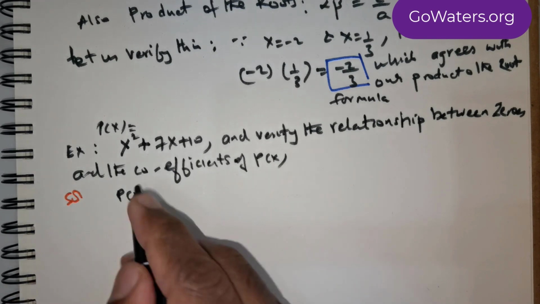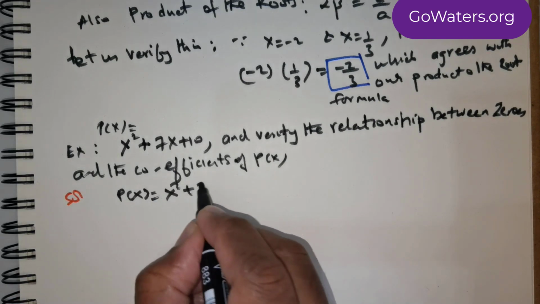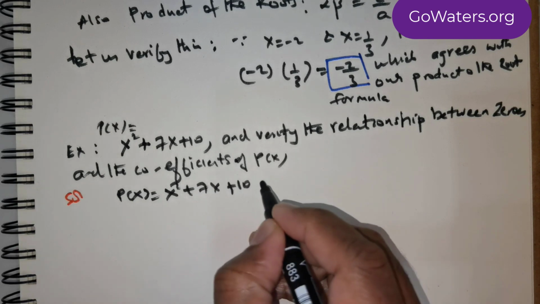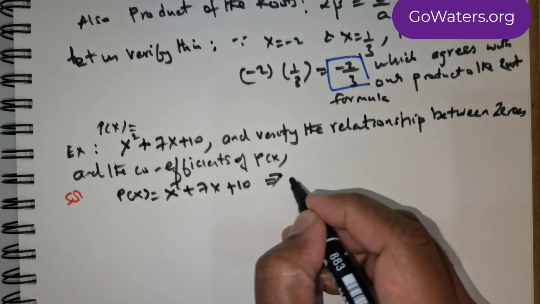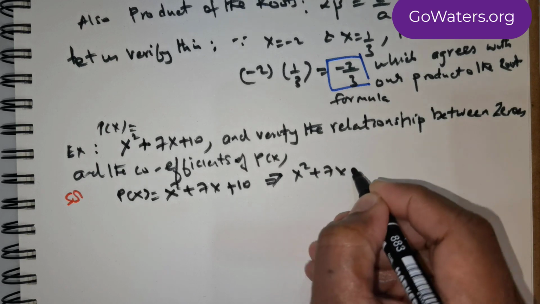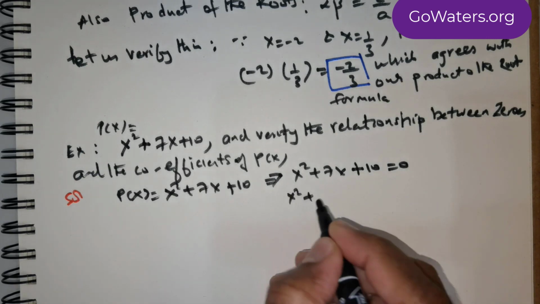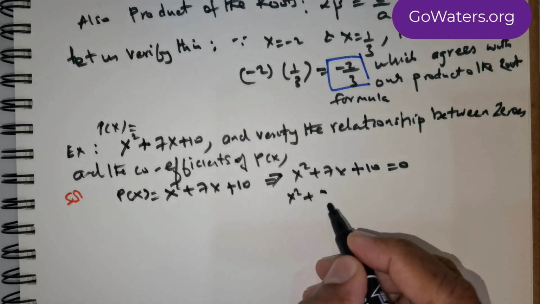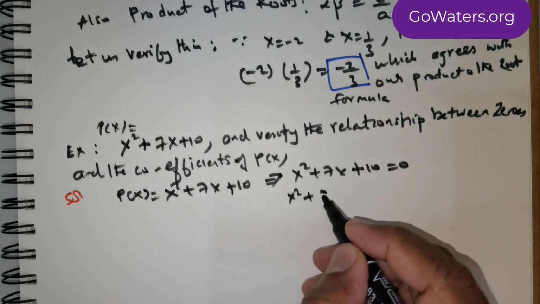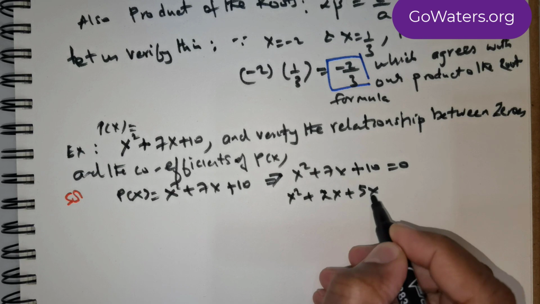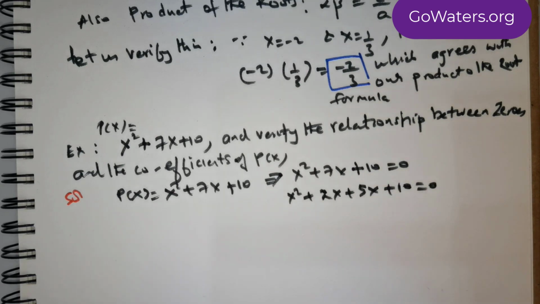Solution, we got p of x is equal to x squared plus 7x plus 10. This means I need to take x squared plus 7x plus 10 is equal to 0. Now what I wish to do, I would like to split this as x squared plus 2x plus 5x plus 10 equal to 0.